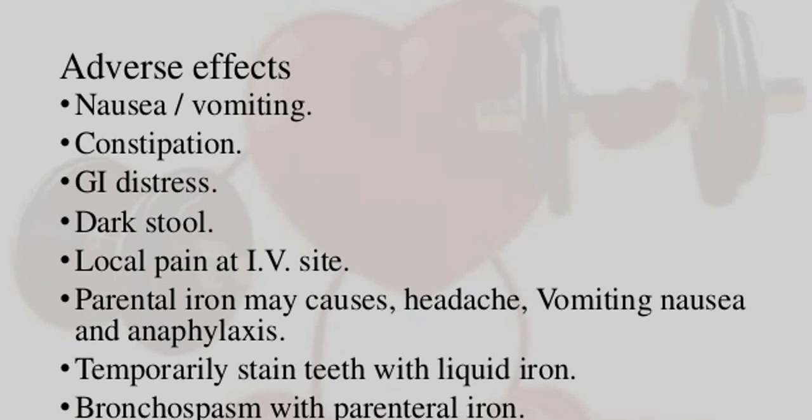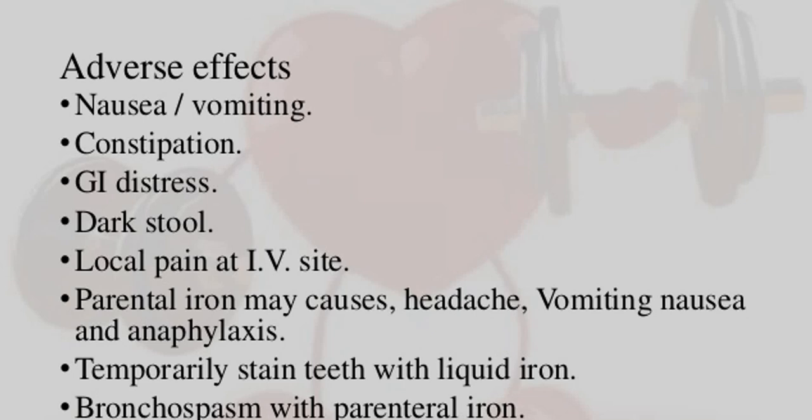Next is adverse effects. What are the adverse effects? First one is nausea and vomiting, which are very common. Nausea, vomiting and constipation. Some drugs cause constipation, some cause vomiting, and some cause gastric problems, GI distress and dark stool.